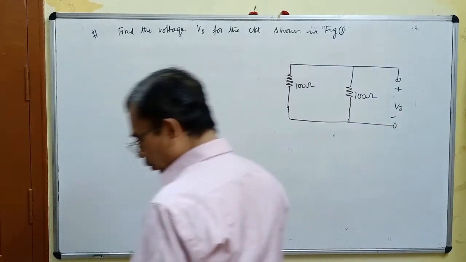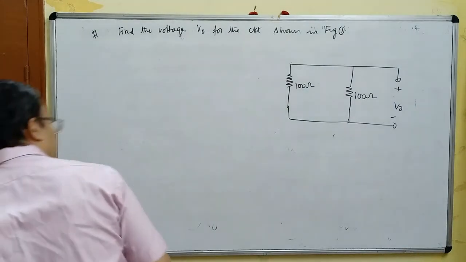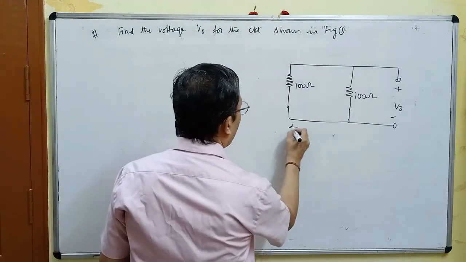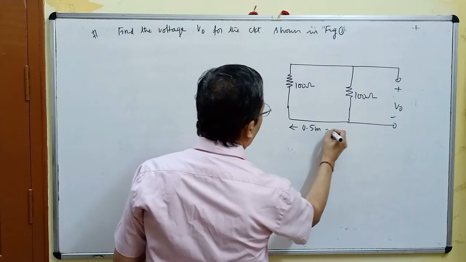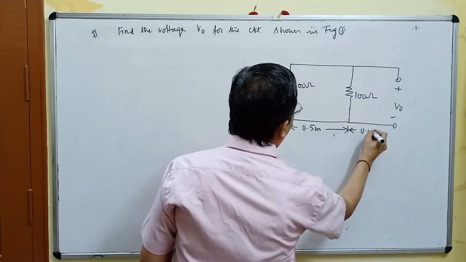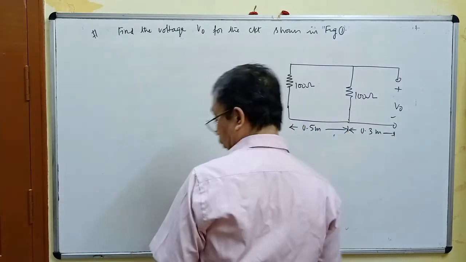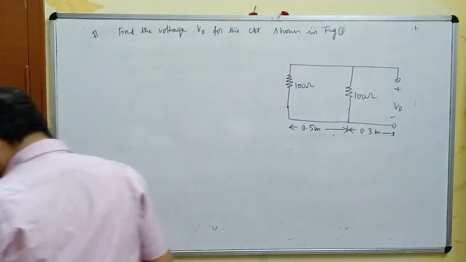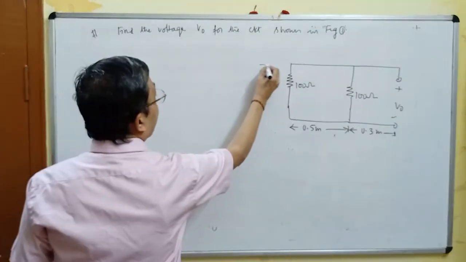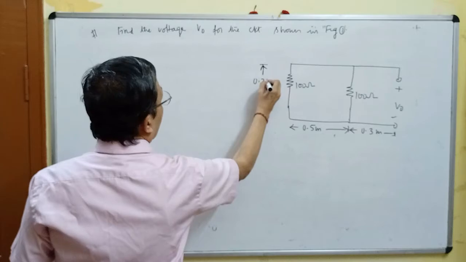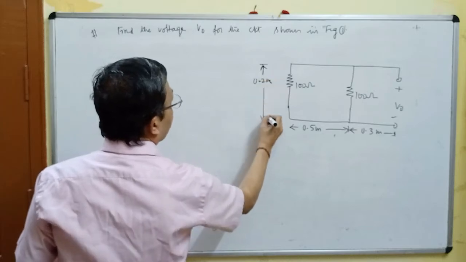The dimensions I will write down now. This is 0.5 meters. This is 0.3 meters. And this is 0.2 meters, 0.2 meters.